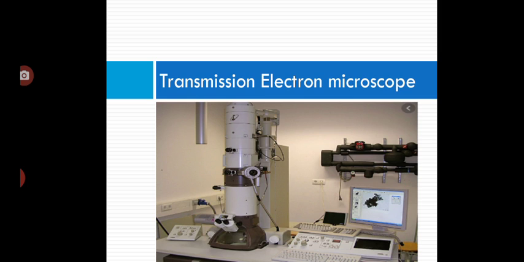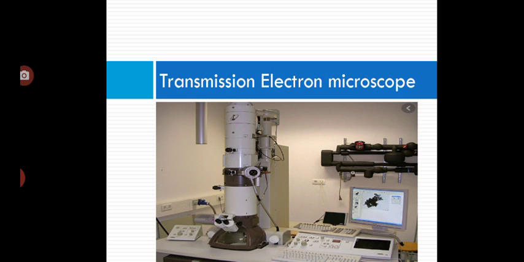Because the wavelength of electrons is much smaller than that of light, the optimal resolution attainable for transmission electron microscope images is many orders of magnitude better than that from a light microscope. Thus, the transmission electron microscope can reveal the finest details of internal structures, in some cases as small as individual atoms.